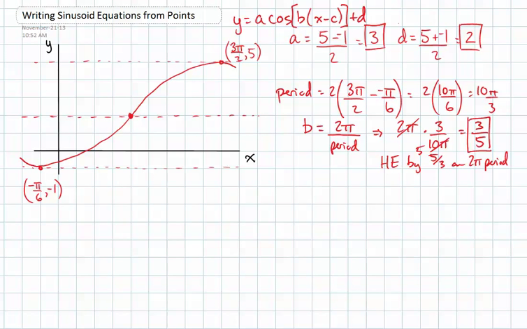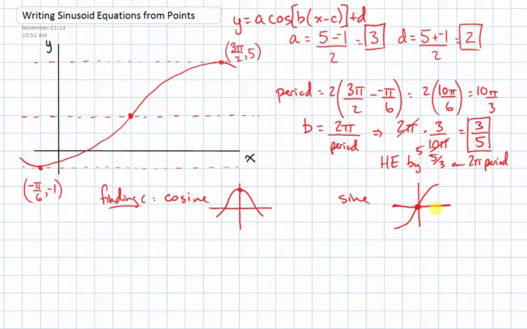Now, C is the trickiest of the bunch to find. To find C, I need to decide if I'm doing cosine or sine. Now, cosine, if you recall, is based on the peak value normally being on the y-axis, while sine is normally based on the mean value, which goes through the origin.